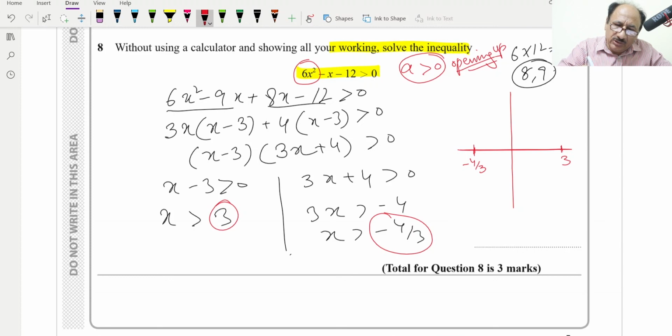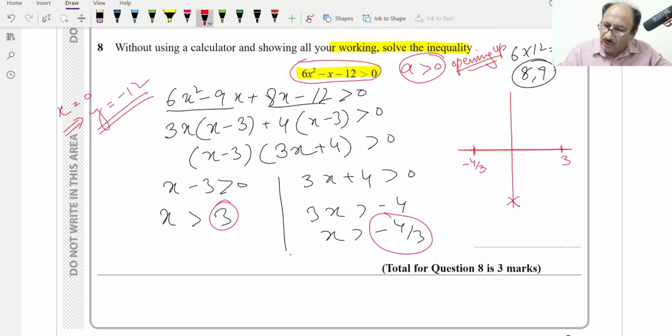In the given equation, if we replace x with 0, we get y equal to minus 12. I will write here x equal to 0 implies y equal to minus 12. It means the curve is turning from minus 12, so I'm writing minus 12 over here. This is the y-intercept. So this curve will be like this one, roughly sketched.